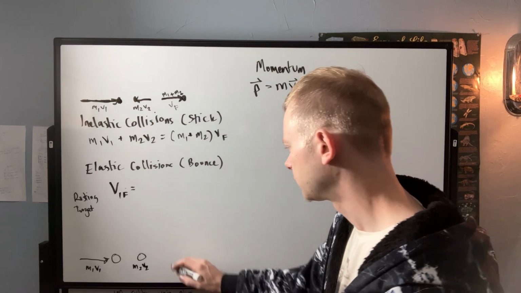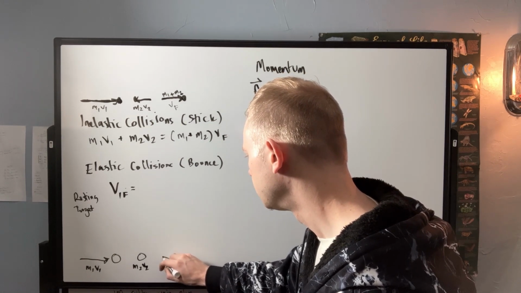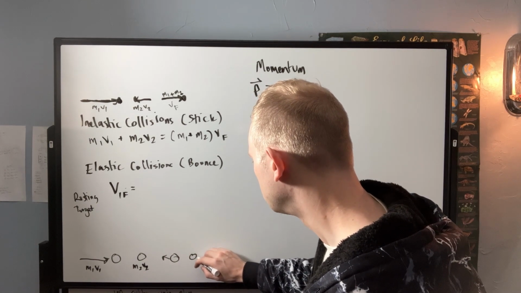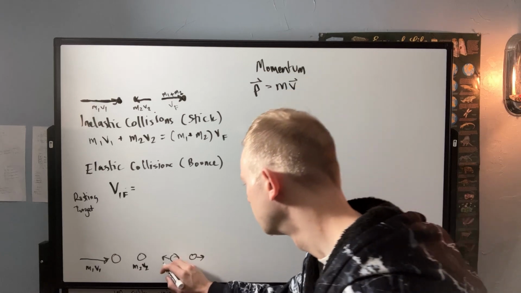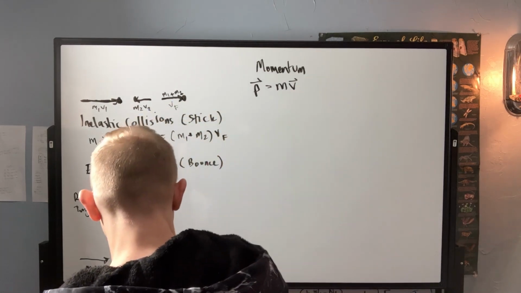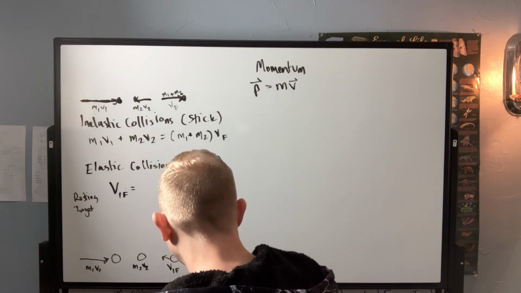Like you'd expect in this scenario, afterwards this one would probably be moving a little bit in this direction, possibly, and then this one would be moving possibly in this direction. We don't really know, but what we're trying to figure out here is V1 and V2.